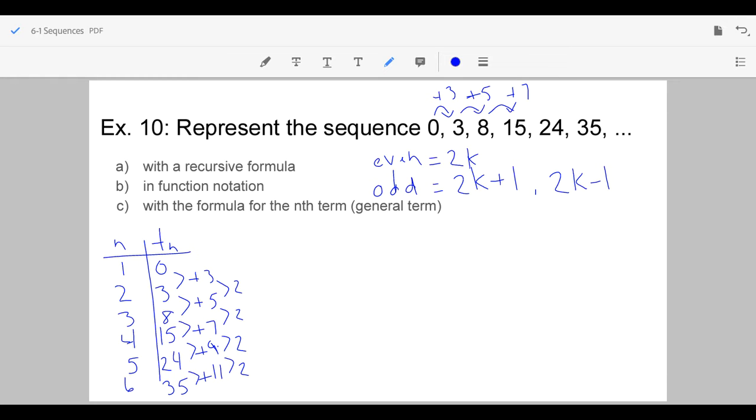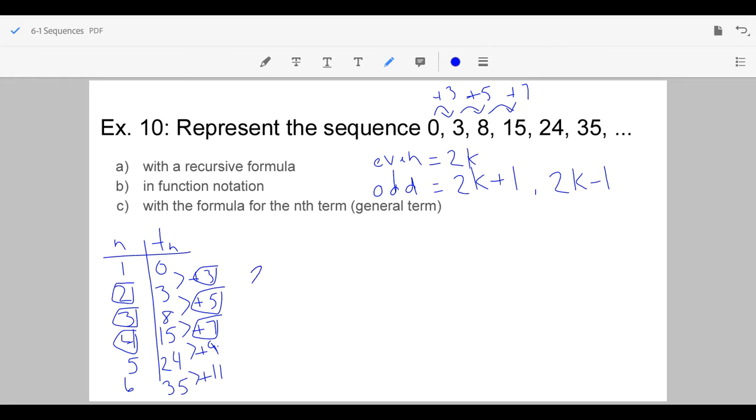So for the recursive, in order to get term n, we need the previous term, and we add some odd number, but we're not sure which one yet. So looking at these, term 2, we had to add 3. Term 3, we had to add 5. Term 4, we had to add 7.